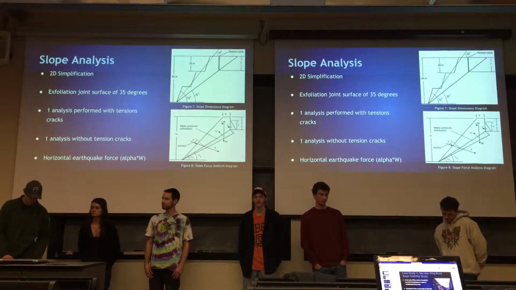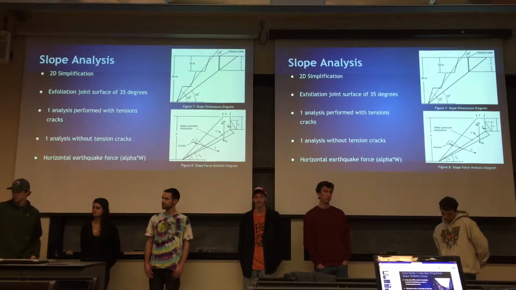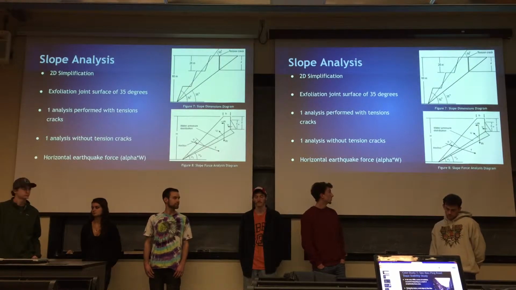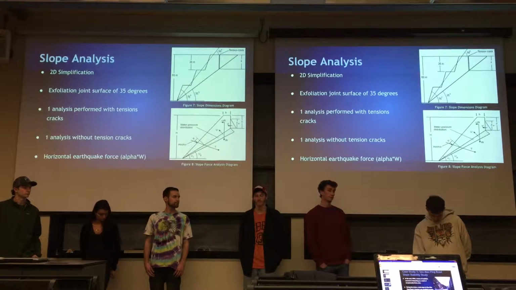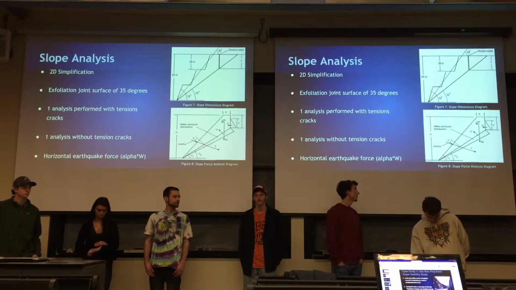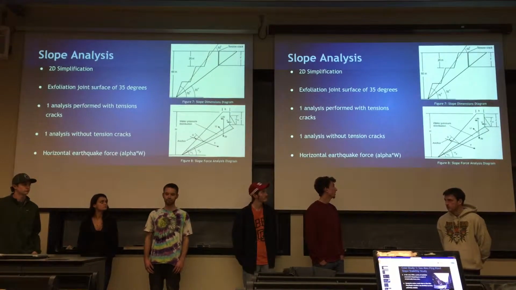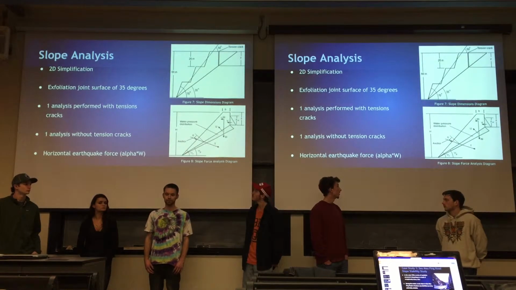These tension cracks can fill with water, and the pore water pressures that arise when water fills the cracks can push the slope, and these forces have to be taken into account. In the bottom diagram, you can see how they modeled the slope and the forces acting on it.